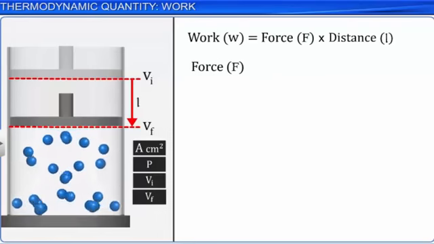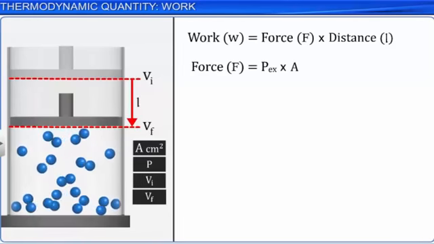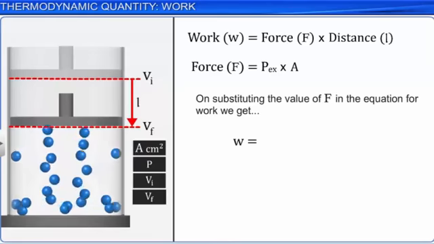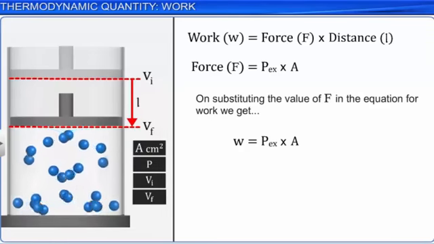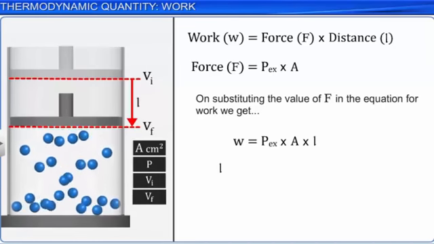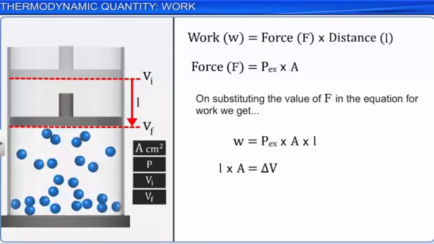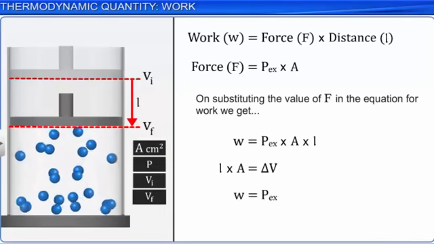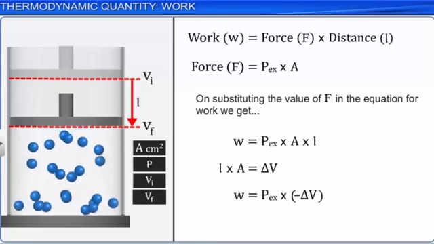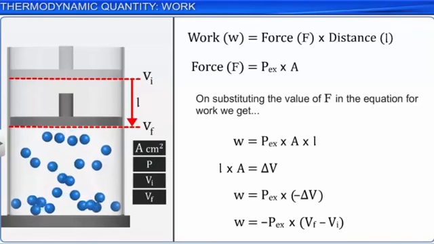But force equals external pressure PEX multiplied by area of cross-section A. Substituting the value of force in the equation for work, we get work equals external pressure PEX multiplied by area A multiplied by distance L. But distance L multiplied by area A gives change in volume delta V. On substituting, we get work equals minus external pressure PEX multiplied by change in volume delta V. That is, work is equal to minus external pressure PEX multiplied by final volume Vf minus initial volume Vi.